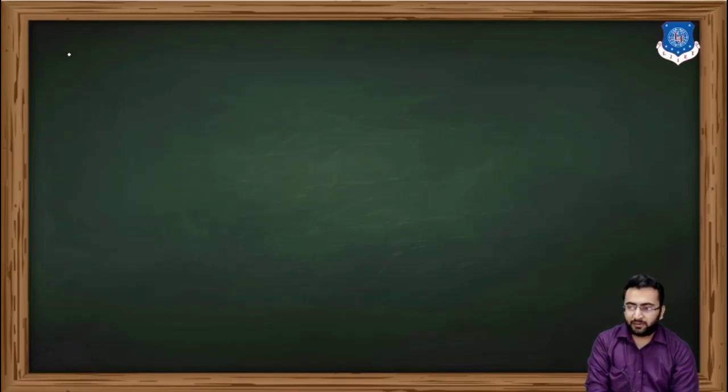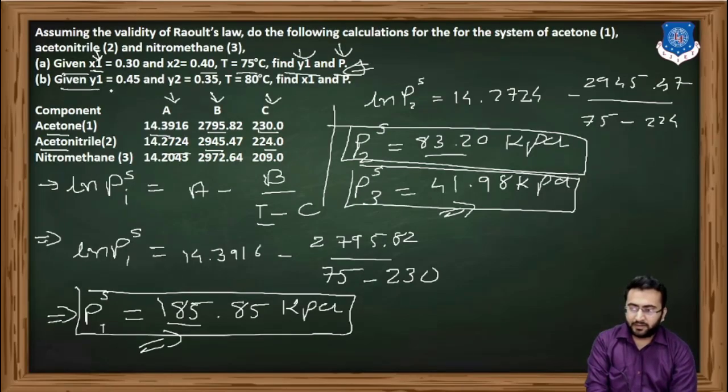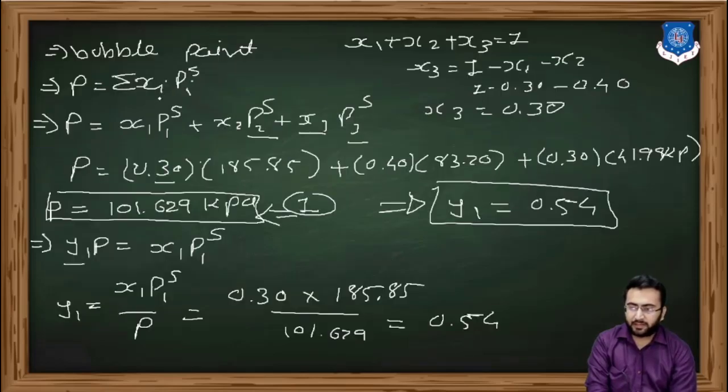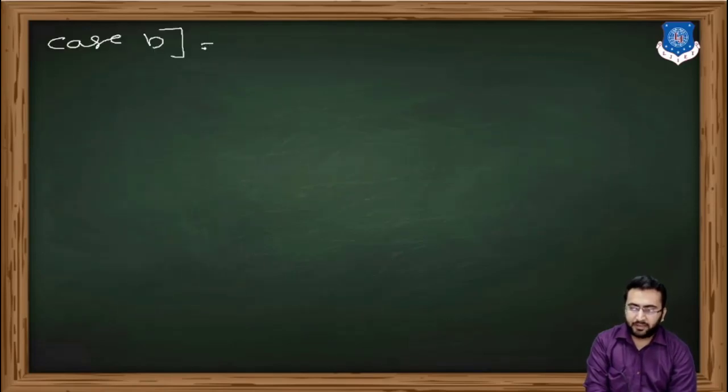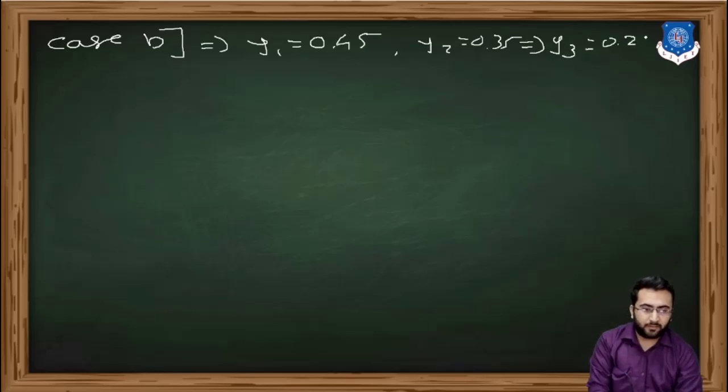Now let's calculate case B. In case B, we are told that y1 is equal to 0.45 and y2 is equal to 0.35. So y3 becomes 0.20, since y1 plus y2 plus y3 is equal to 1.